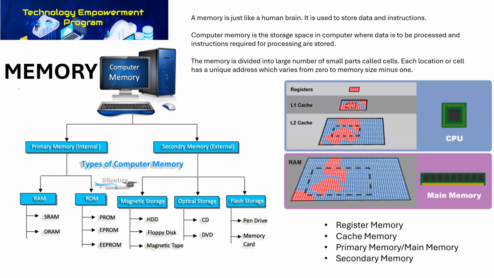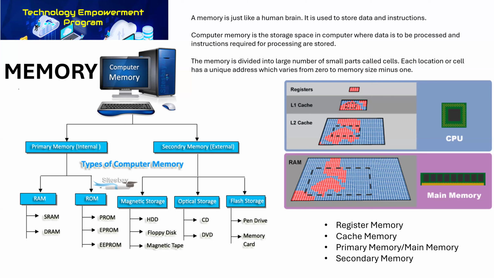So look at this diagram that you have. The diagram shows register, the smallest. You can see the parts in red are memory locations that have already been occupied by data. The parts in blue are yet to be occupied by data. So when we say memory are small cells, that's what we meant.